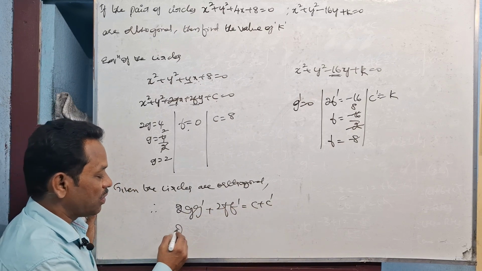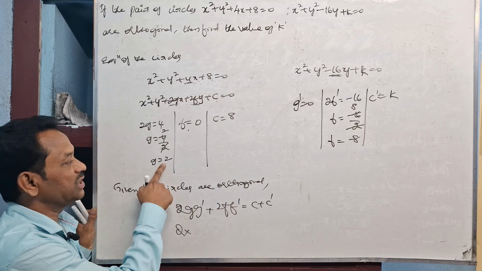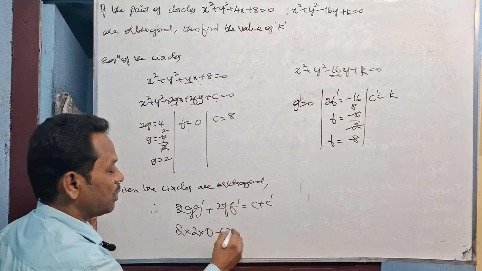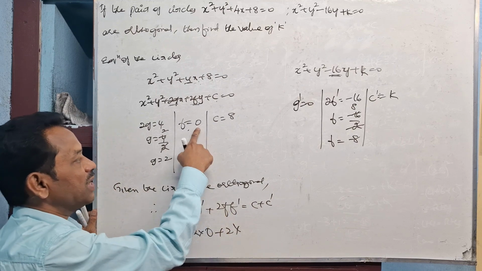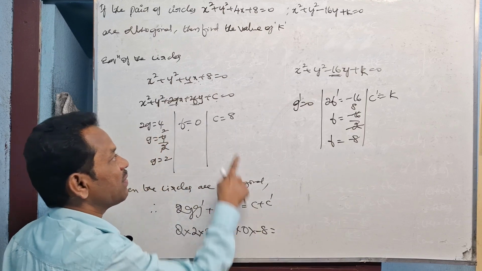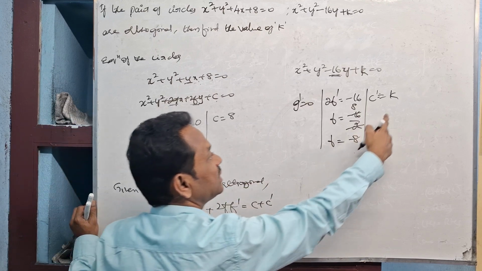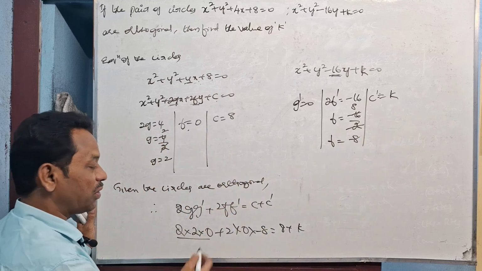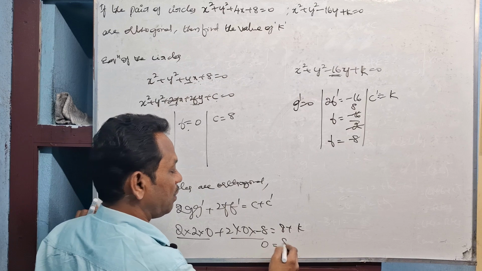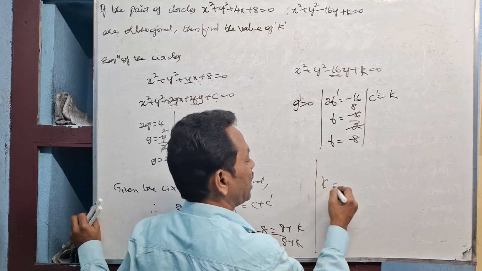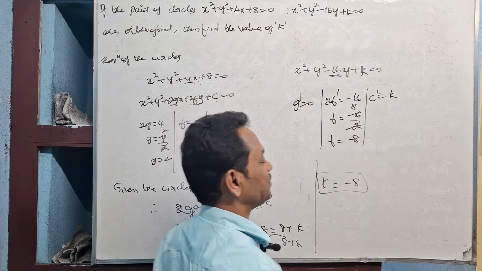Let me put the values. 2 into g, which is 0, into g dash is 0, plus 2 into the value of f, which is 0, into f dash, which is minus 8, equal to c value, which is 8 here, and c dash is k. Okay now, so here you get 0 and 0, so 0 equal to 8 plus k. Now 8 is shifted this side, so k value equal to minus 8.